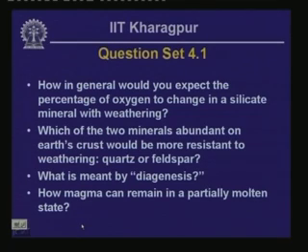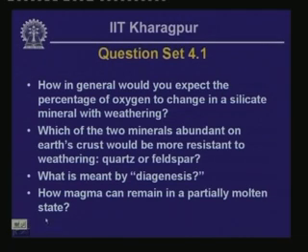So basically, magma could remain in a partially molten state because of the difference in melting points of different types of mineral species that are contained within the body.